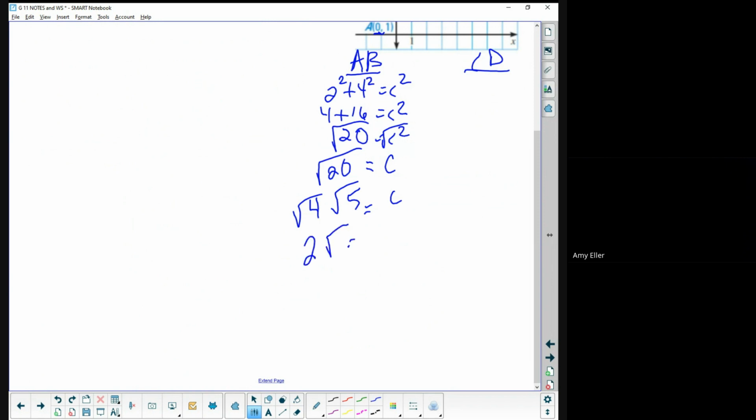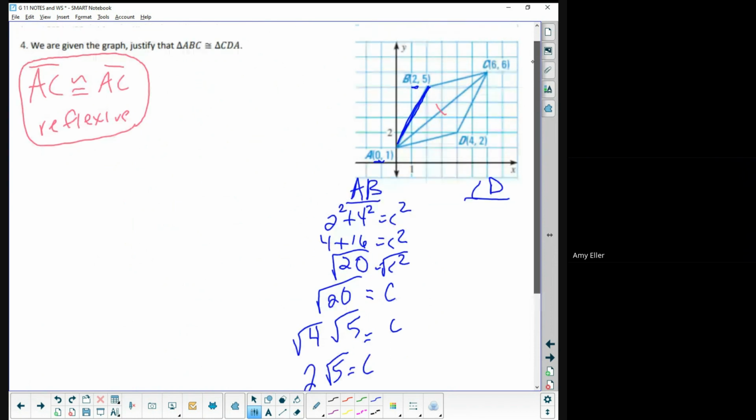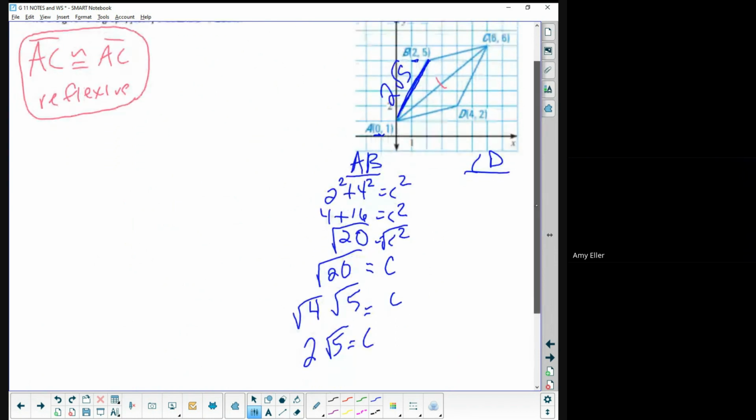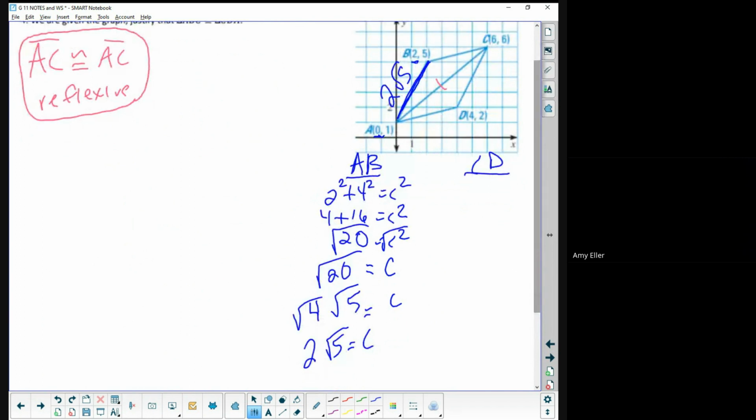Root 5 does not simplify. So this means the distance from A to B, we can't use a decimal unless it's a word problem. So the distance from A to B is 2 root 5. Oh, that took a long time. I'm going to do it 4 times. I'll show you. There is going to be a shortcut here.